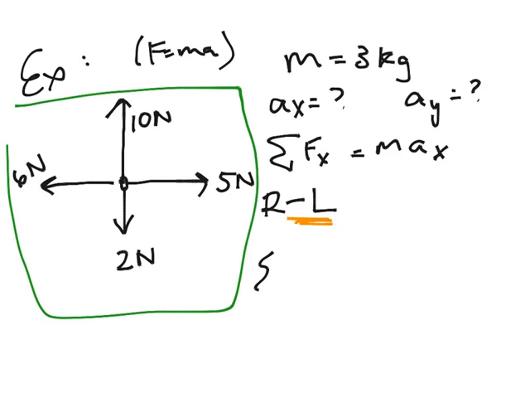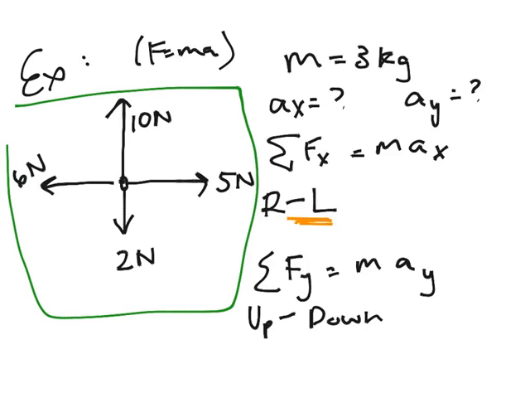And then if we look at sigma Fy, it's the same idea where it's the mass times acceleration in the y, and remember we always like to call up positive, so it's up minus down, because we called down negative and we're adding them, but really since down is negative, we are subtracting them.